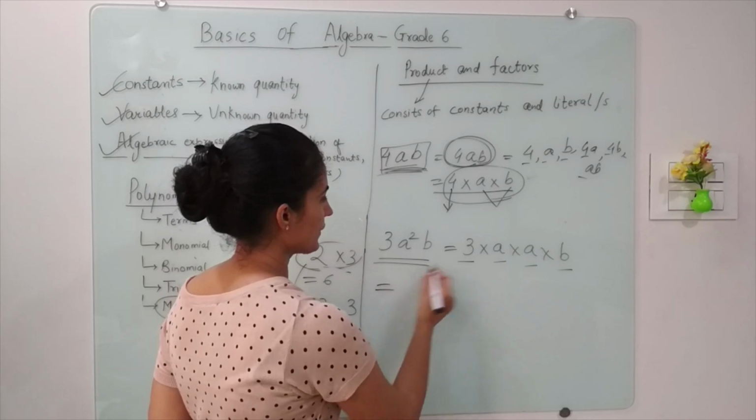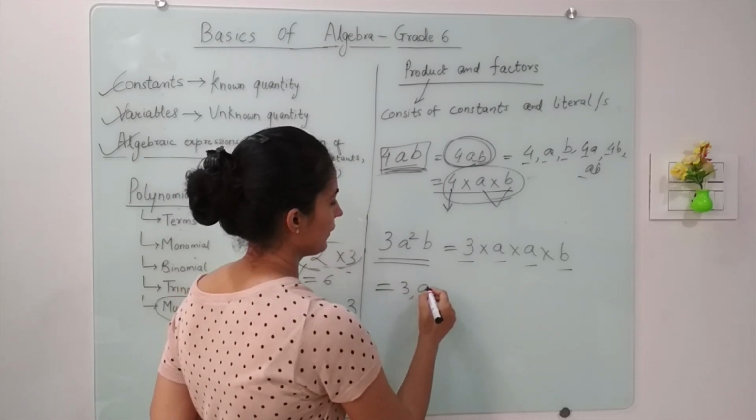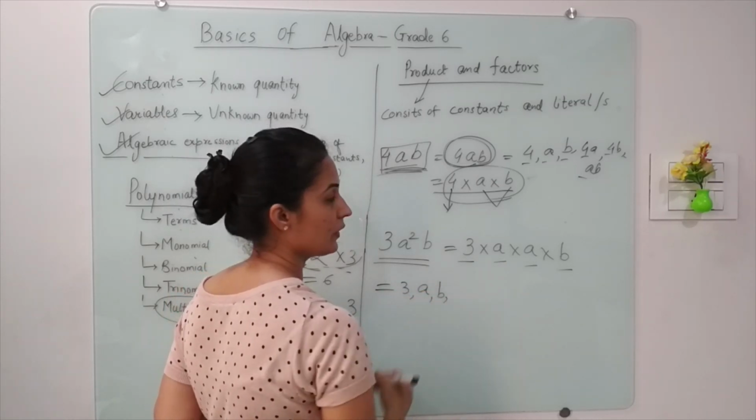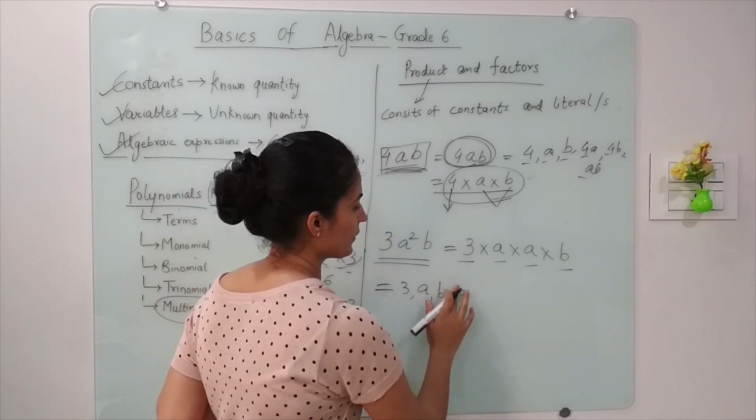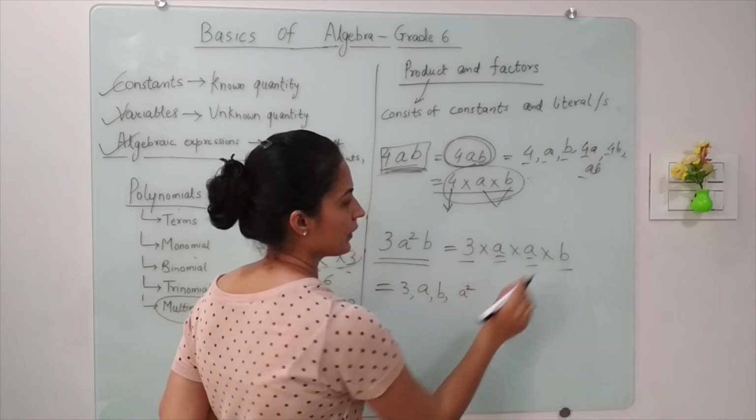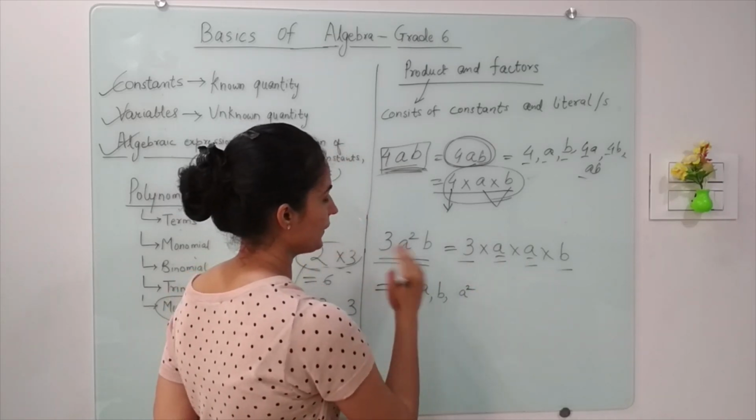How many factors can I write here? 3, a, b. I can also write a square, this is also a factor of this complete term.